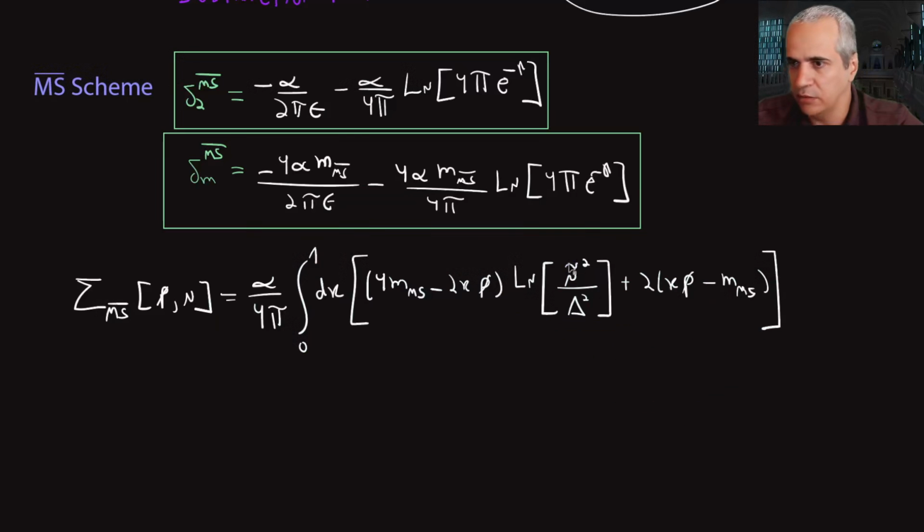But now I replace m tilde, mu tilde by just mu, right? And this is the MS bar mass, right?